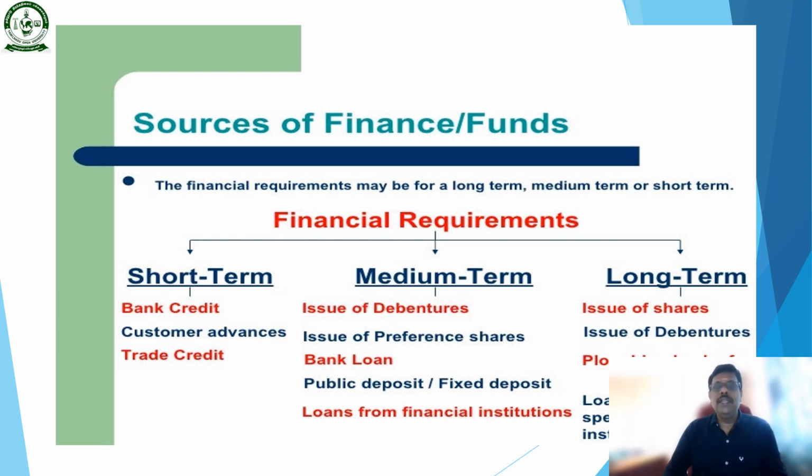Sometimes the company need not go for issue of any shares. If we have accumulated profits, those accumulated profits can be reinvested into the business. So these are the three ways to raise funds for business.